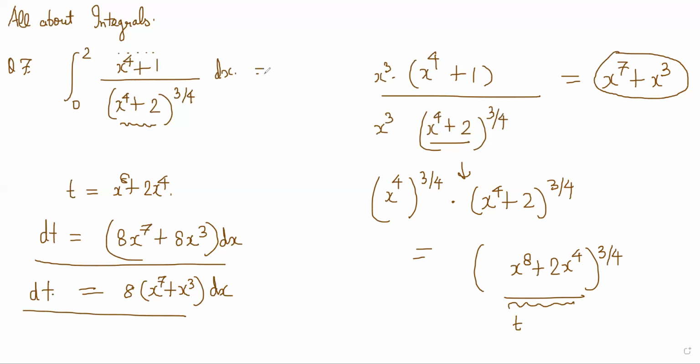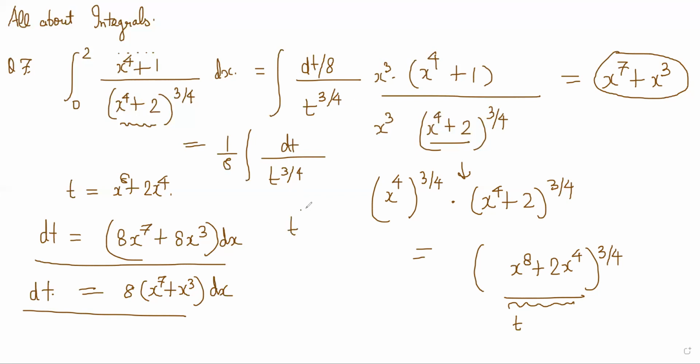Therefore, you can write this as integral of dt by 8 divided by t to the power 3 by 4, right? So that will become 1 by 8 integral dt by t power 3 by 4. And that will become t power 1 by 4 by 1 by 4. So 1 by 2, since 4 and 8 will cancel, and you get it from 0 to 2.